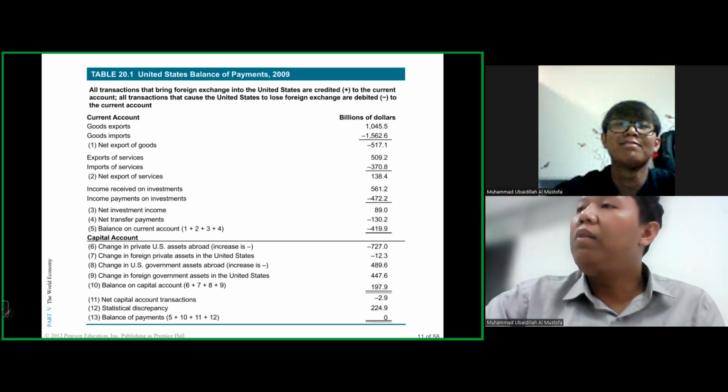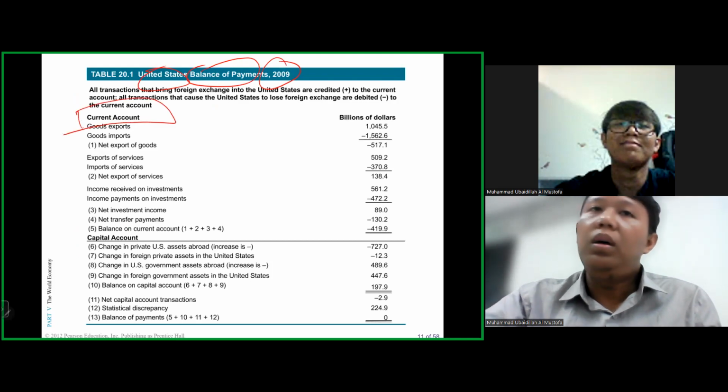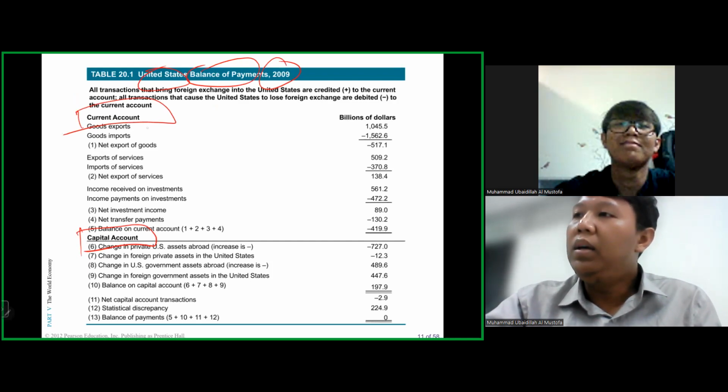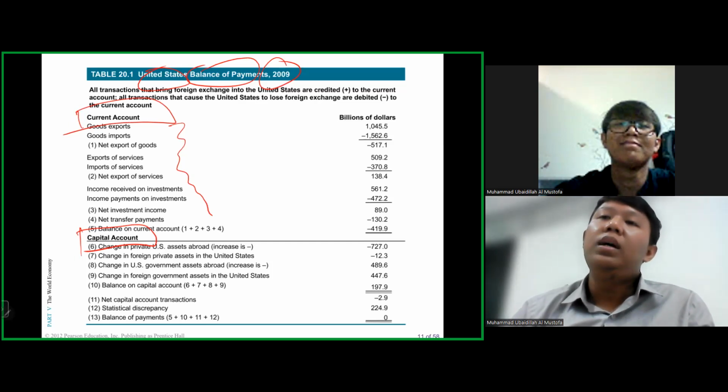These are the data of the balance of payment for the United States in 2009. As you can see here, there are two big components: the current account and the capital account. The current account usually records export and imports of goods and services, while the capital account records the movement of capital from one country to others.